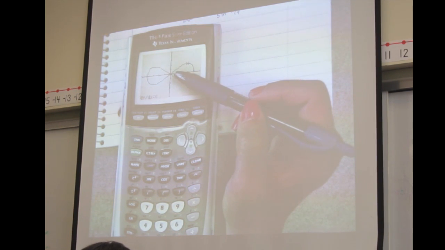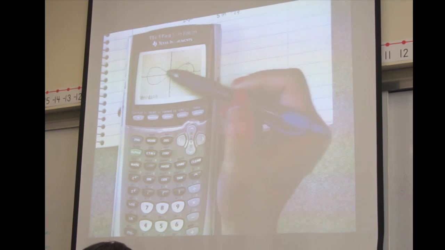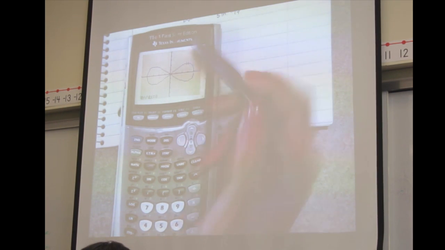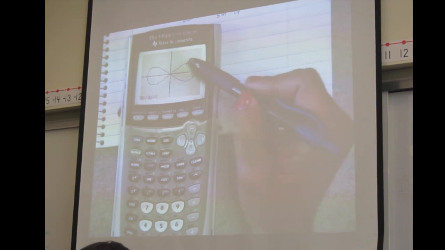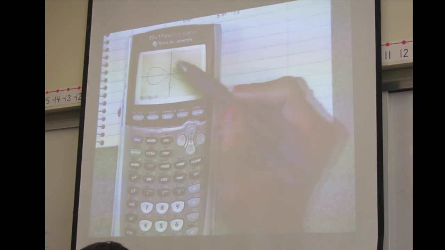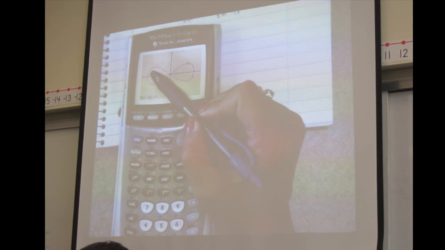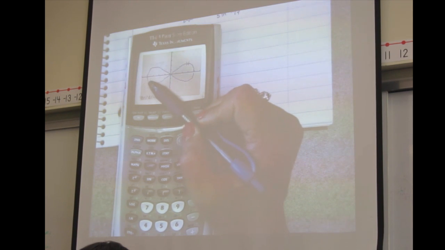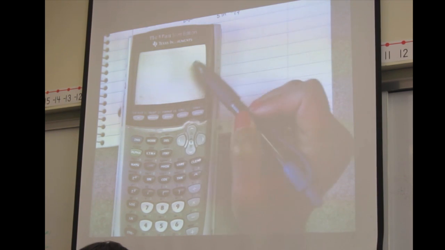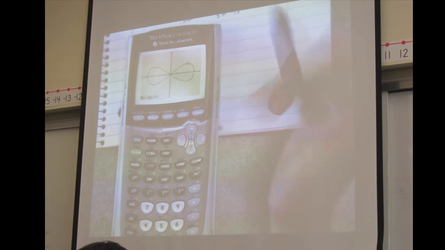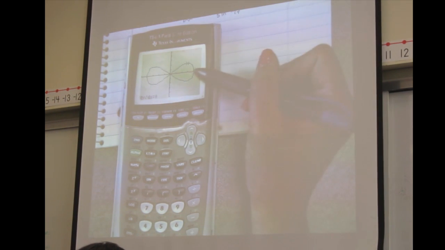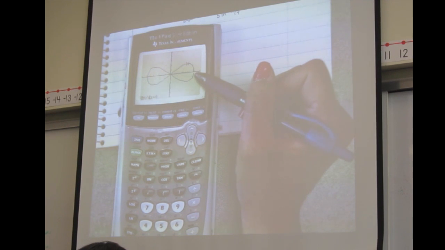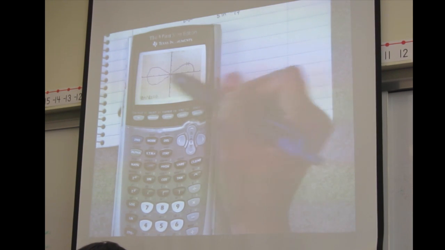A small chunk of it around here, or a small chunk of it around here. These are all concave down. Concave up would be here, here, here, here.